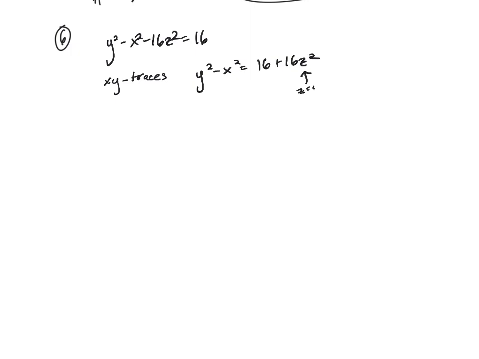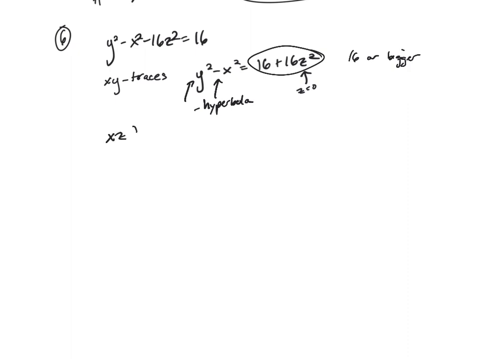So Z is 0 is the smallest it goes, everything else goes bigger. Therefore, this whole side is going to be 16 or bigger. And also, if I notice that this is a minus sign here and this is a plus, that's enough to tell me that this should be a hyperbola. So the XY traces are hyperbolas is really what I was looking for.